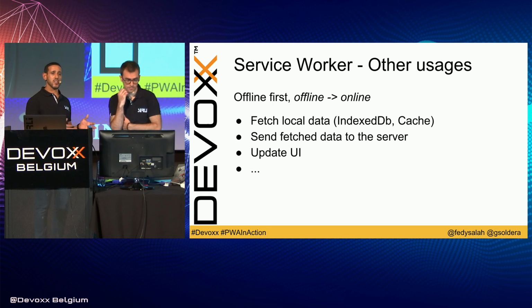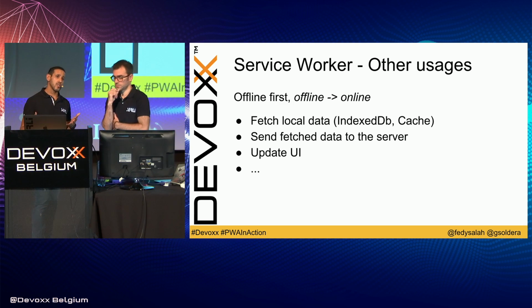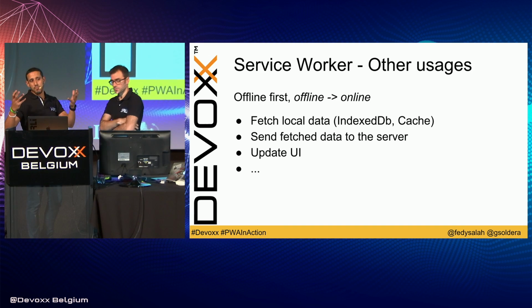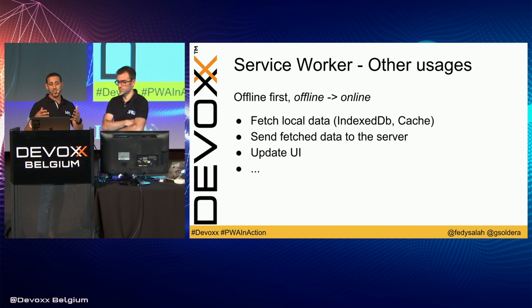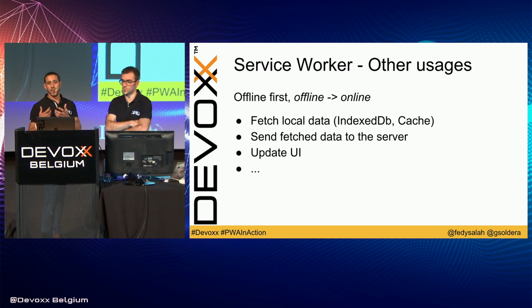When we talked earlier about progressive web apps, we talked about mobile first, and there is also another notion called offline first. We may think of our application as an offline first application, so all the actions made by the user will be stored locally and then synced to the server.